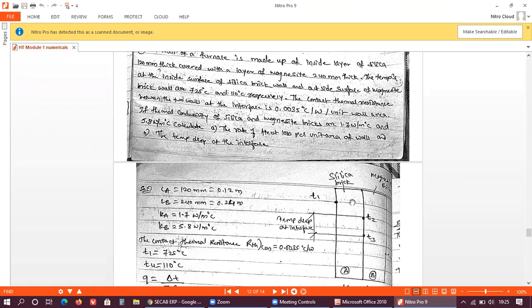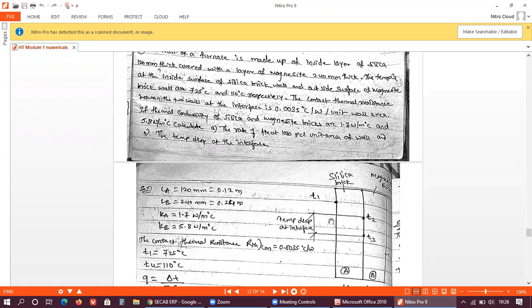So this silica layer is covered with magnesite of 240 mm thick. Okay, the temperature at the inside surface of the silica brick wall and the outside surface of the magnesite brick wall are 725 degrees Celsius and 110 degrees Celsius respectively.